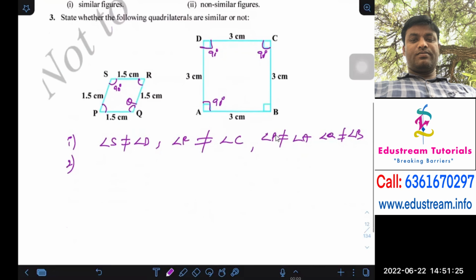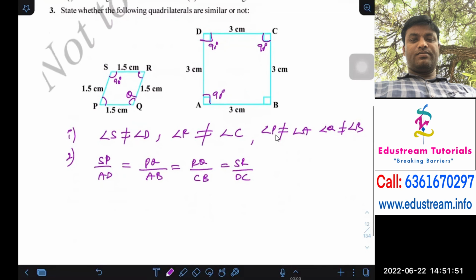So SP divided by AD should be equal to PQ divided by AB, equal to RQ divided by CB, equal to SR divided by DC.